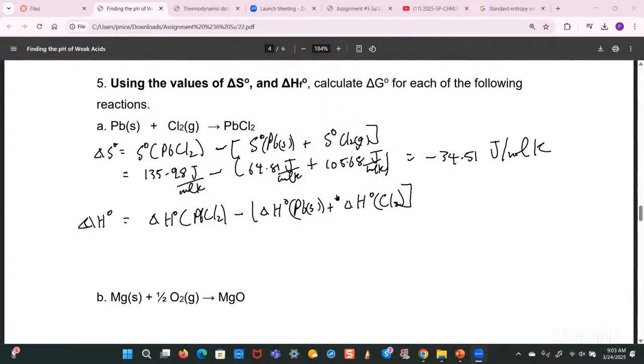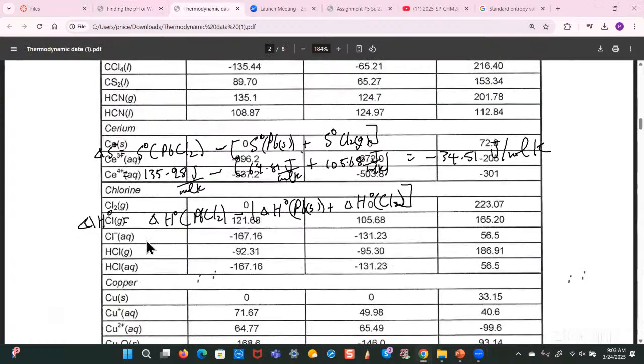On the table, are we using the entropy value? Yeah, that's what we're doing here. So the entropy value for the Cl2 gas is actually 223.07.